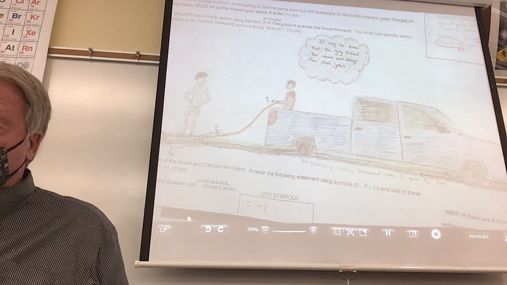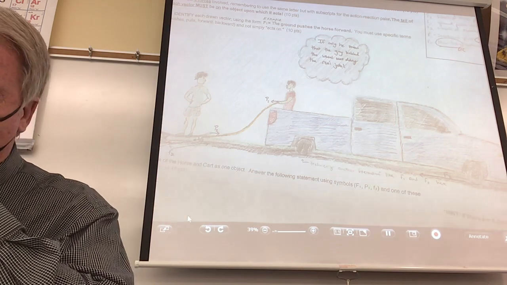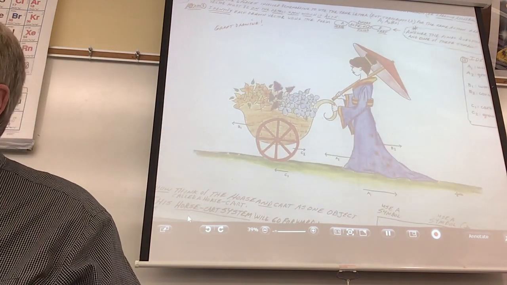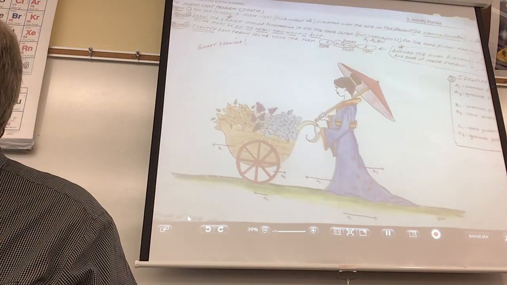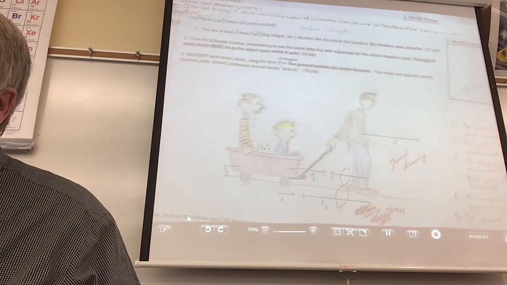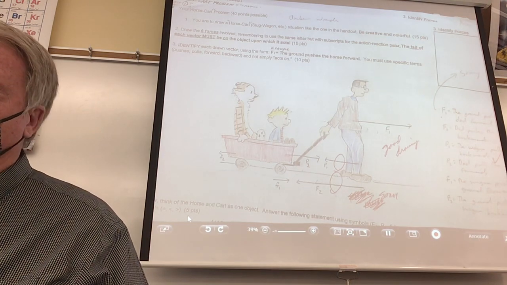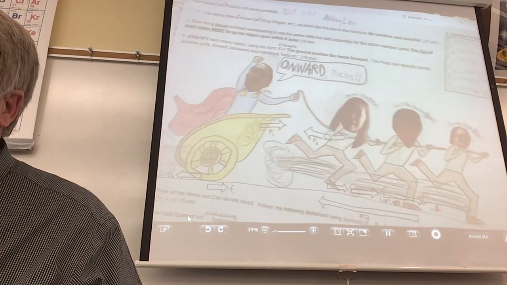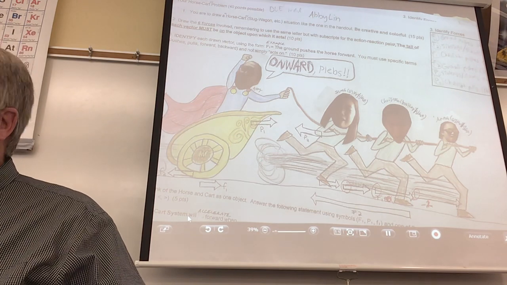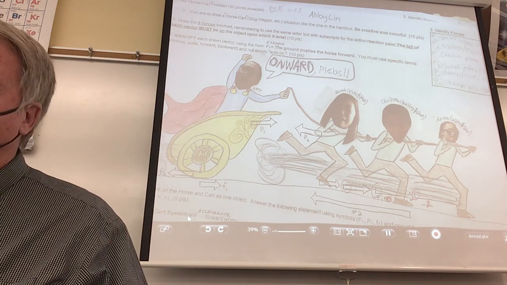There are actually two Lydia Thompsons at this school. This is one of the Lydia Thompsons. Here's one who obviously liked Calvin and Hobbes. Here's one, Abby Lynn. And you'll see all these different arrows drawn.